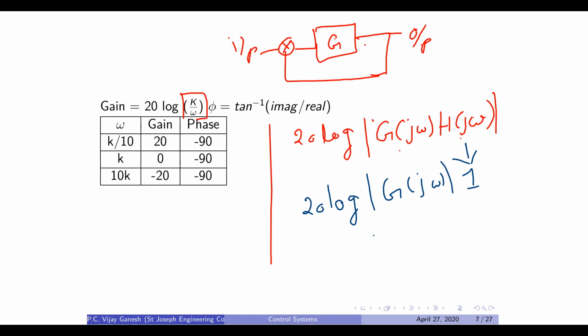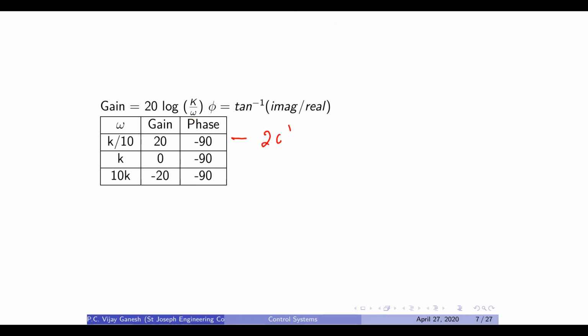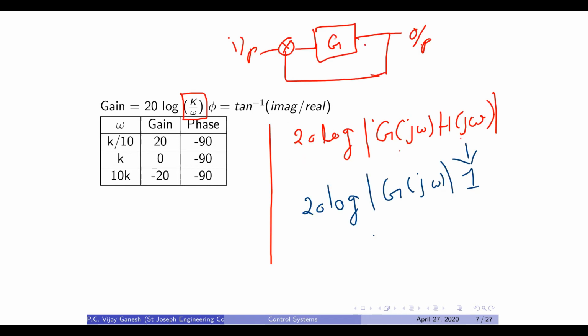Now we will substitute values of omega and see what gain we get. Just to cancel out K, we have taken the values K divided by 10K. If we substitute the first value, K gets cancelled, so I get 20 log of 10.